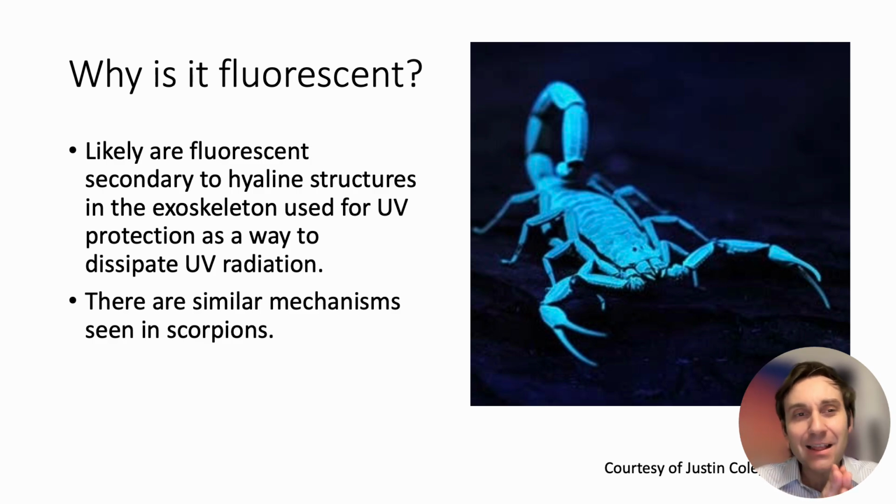And there's likely some sort of hyaline structures in the exoskeleton of these mites that gives this UV fluorescence. And this is a scorpion from Arizona. And one of our friends from Arizona was kind enough to capture one of these guys and put their UV dermatoscope on it. You can see it's the same green fluorescence. So I think it's something similar, right?